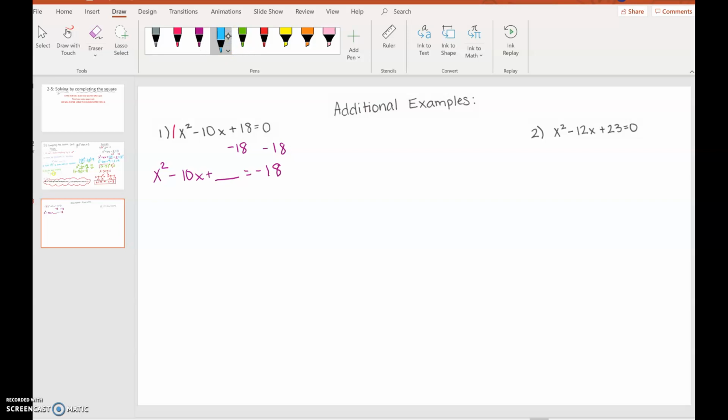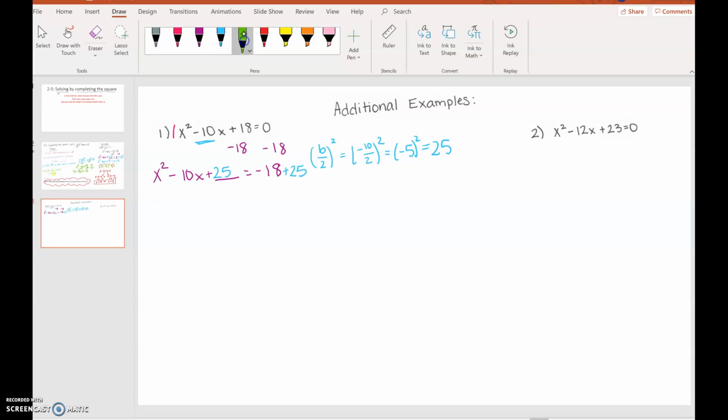Then we add b divided by 2 squared on both sides. So b is negative 10. So we have negative 10 divided by 2 squared, which would be negative 5 squared, which would be 25. So we're going to be adding 25 here and 25 here.